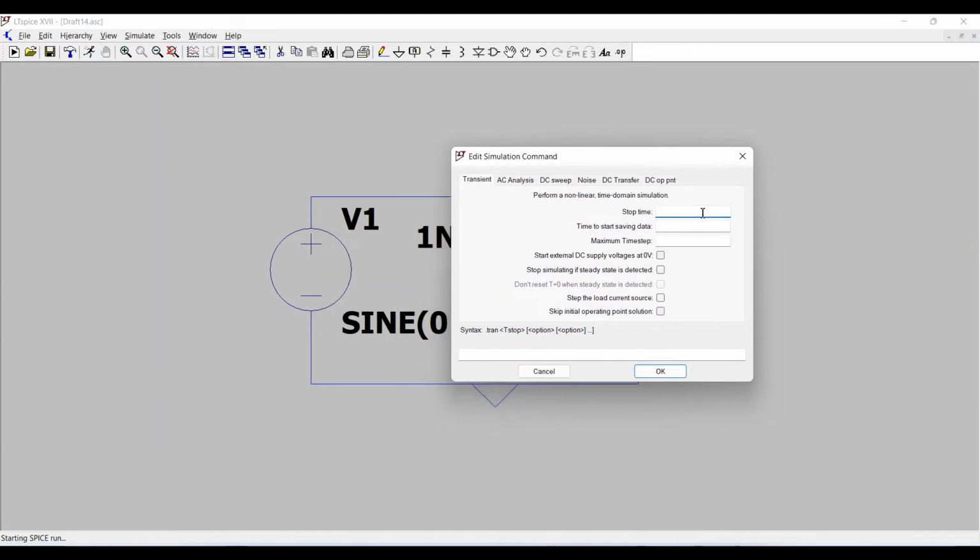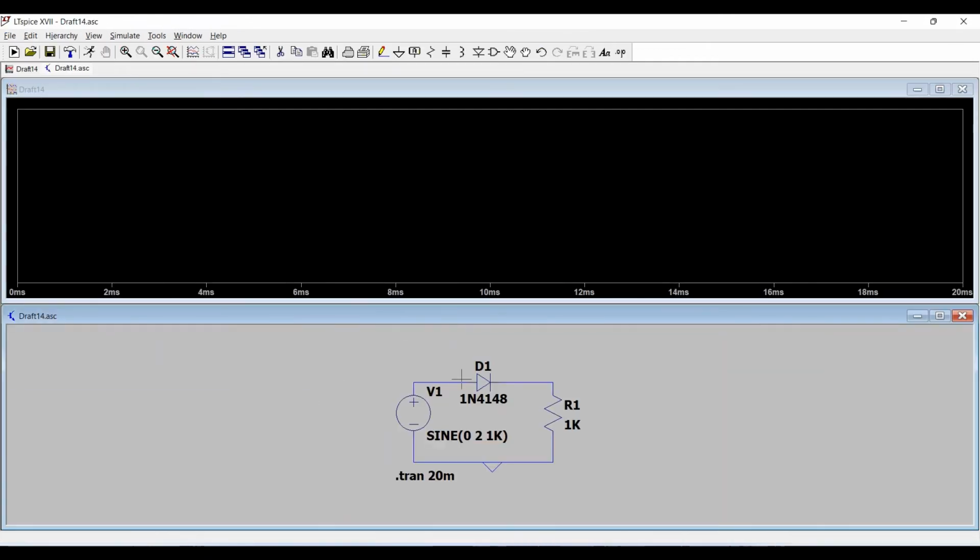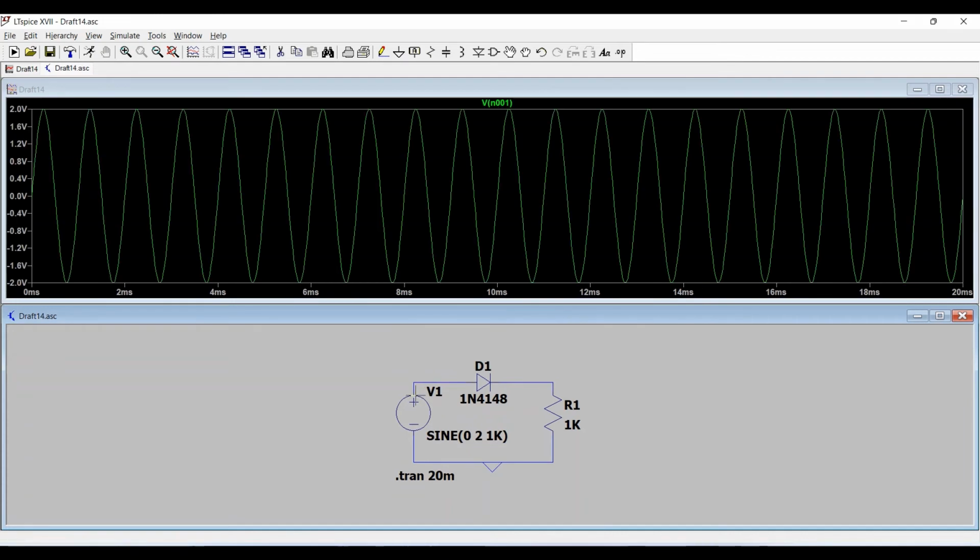During this phase, a transient run time we can give as 10 milli or 20, and then okay. Looking at the input waveform, you can see that 2 is the amplitude we had given. So this is the sine pulse we got, and let's see the voltage at the output.